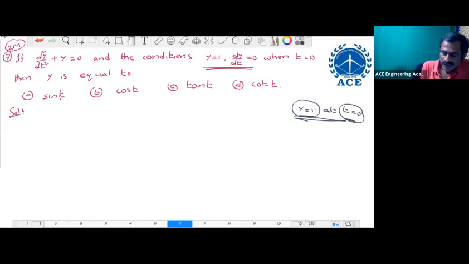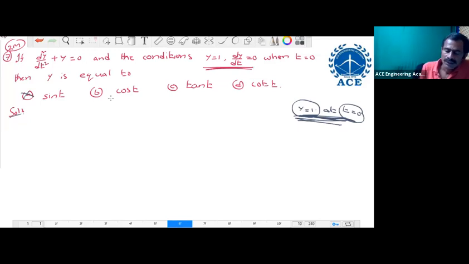In the first option, if we substitute 0 in place of t, sin 0 gives 0, but our value is y equal to 1. So the condition is not satisfied with A. So A is wrong. Next, option B. When you substitute t equal to 0 in the second option, cos 0 is 1, and our y is also 1. So the condition is satisfied with option B, it may be the answer. Even though the condition is satisfied, we cannot stop and choose this as the correct answer, because more than one option may satisfy the condition.